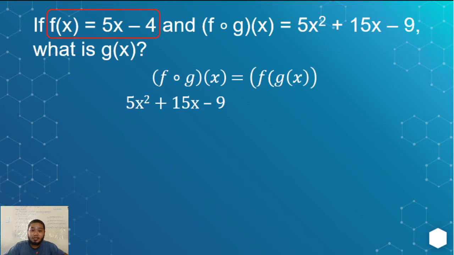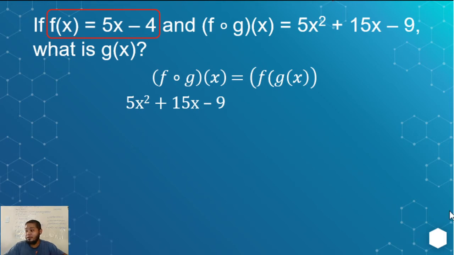As you can see here, all of the x's on this function will be substituted by g of x. On the right side of the equation, the one that is being asked is the inside function. If the one that is being asked is the inside function, then we can solve this just like solving a basic equation.